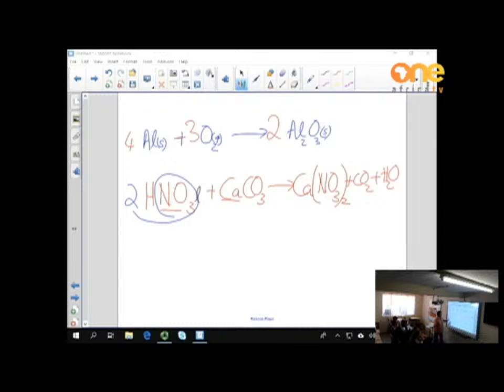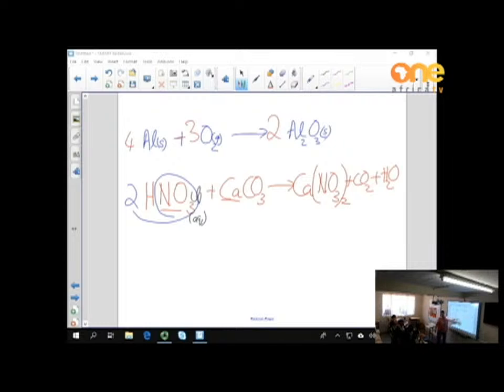So this acid, you can write it's a liquid or it's aqueous, because sometimes it is a gas dissolved in water. Sometimes it's a solid. For example, citric acid is a solid, and I can dissolve it into water. All right. So that one would be either liquid or aqueous.